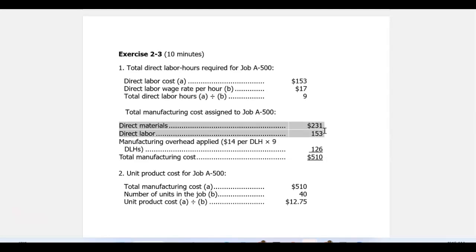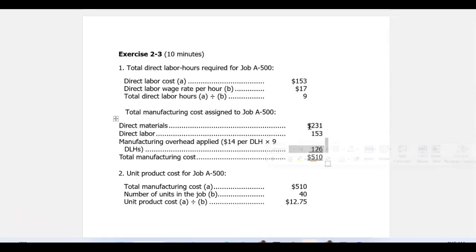Direct labor is $153. We need to do the last thing, which is application of manufacturing overhead to this cost. So manufacturing overhead applied is $14 per direct labor hour times 9 direct labor hours that we just calculated, and that gives us $126 overhead.